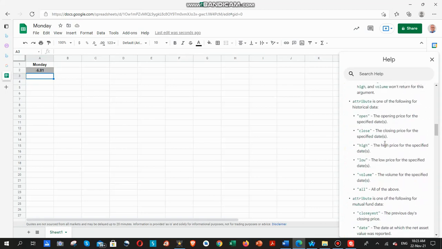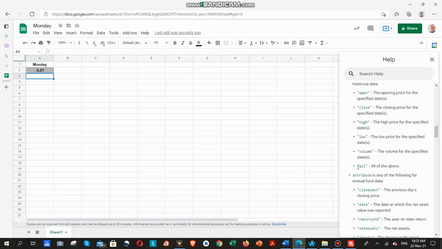Now, historical data is something we've been looking at, and for those attributes we have open, closed, high, low, but instead of doing them one at a time and volume, let's put in all.